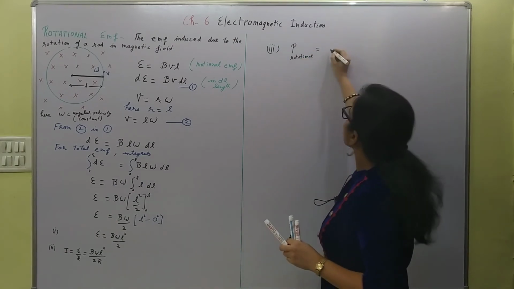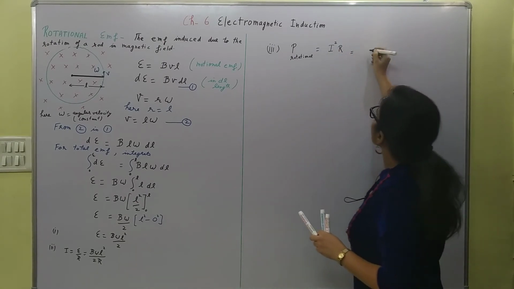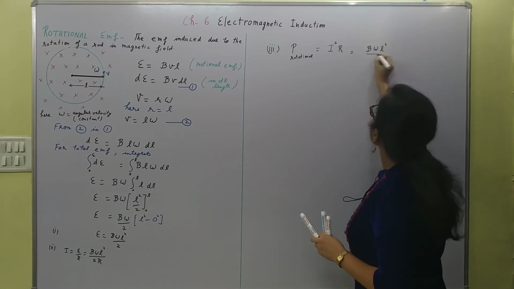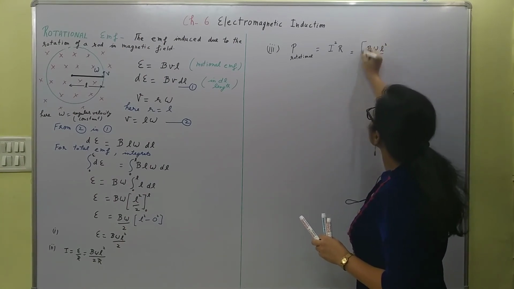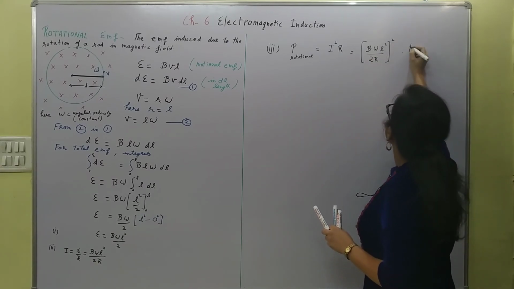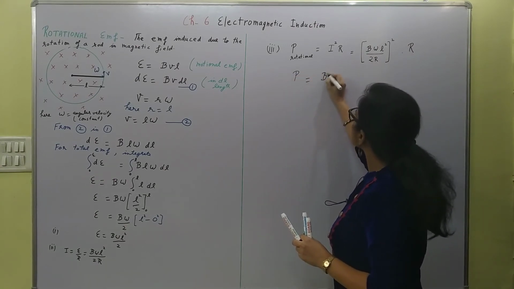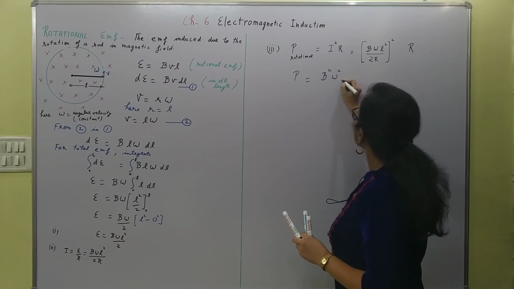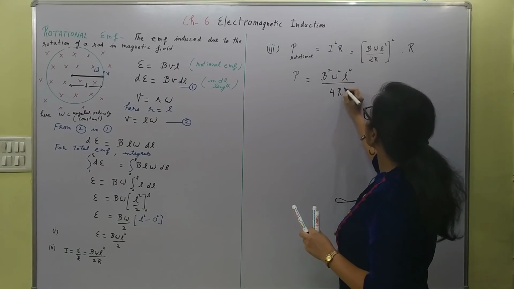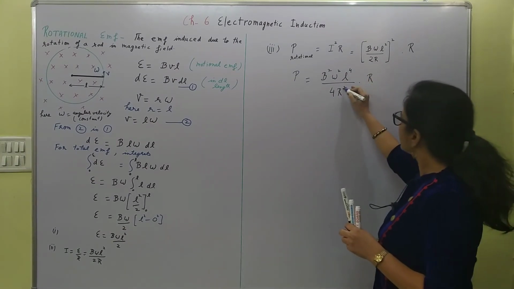This will be again I square into R. So this gives me B omega L square upon 2R whole square into R. So power comes out to be B square omega square L to the power 4 upon 4 times R square into R. So 1 R will be cancelled.